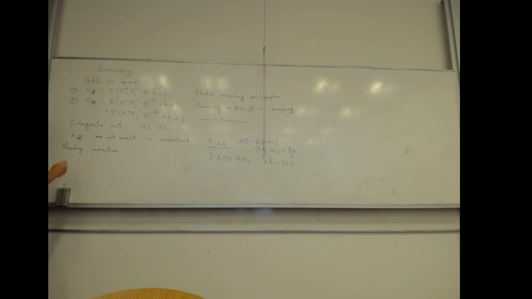One of the two leading corrections comes from the following process. Imagine that we have two qubits, two spins up next to each other.